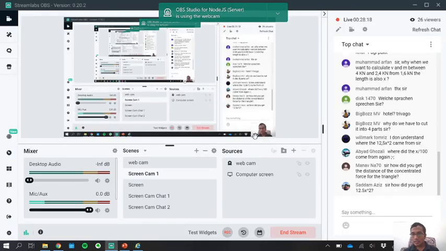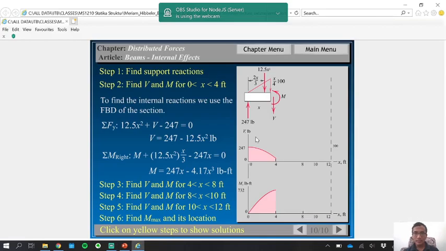Okay, x per 100, I don't have x per 100 there. So what I have here is x per 4, x per 4 multiplied by 100. Yes, this is the distributed force at x. Okay, why is it like that? I think I need to explain to you.